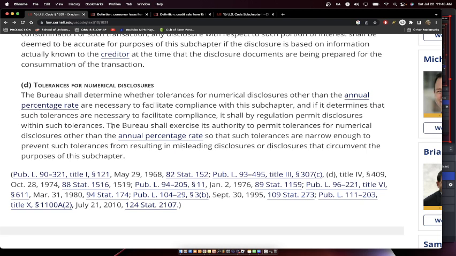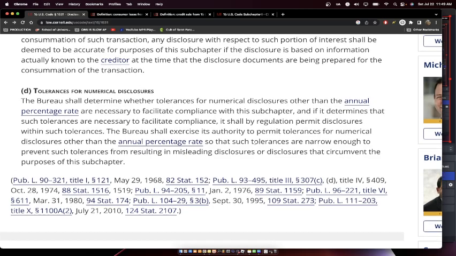The Bureau shall exercise its authority to permit tolerances for numerical disclosures other than the annual percentage rate so that such tolerances are narrow enough to prevent such tolerances from resulting in misleading disclosures or disclosures that circumvent the purposes of this chapter.